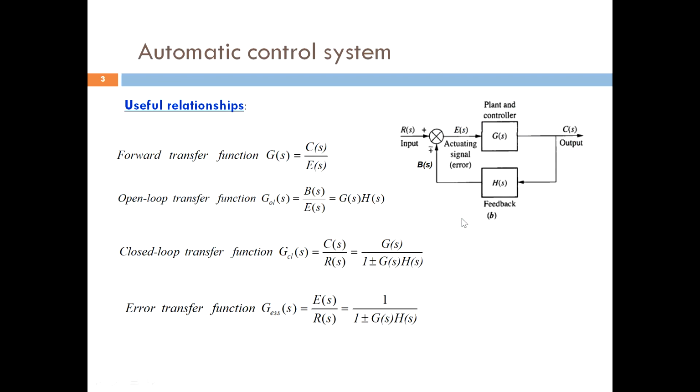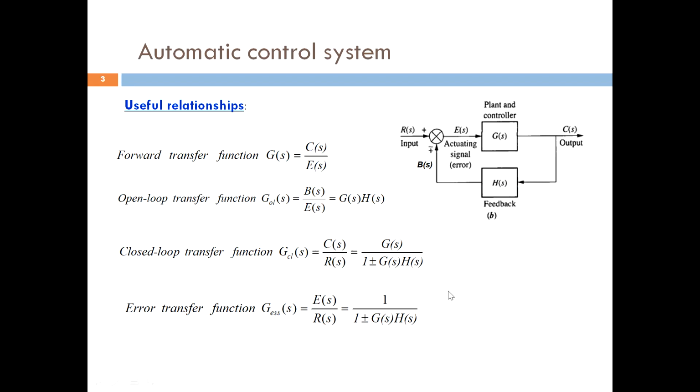So in control system analysis, it is useful to derive a number of relationships among the various variables that helps us in control system analysis. When we look at a linear control system, which can be represented by means of transfer functions, these relationships that we derive are basically the transfer functions that are relating the main variables in the system.